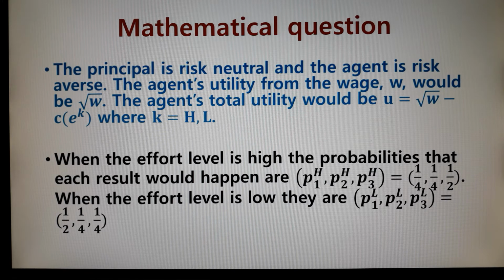The agent's utility from the wage W is root W. The agent's total utility would be root W minus the cost of effort, C of E, where E can be H and L. The cost of EH, we already knew, is 600. The cost of EL would be 0. We already assumed that in the previous page.